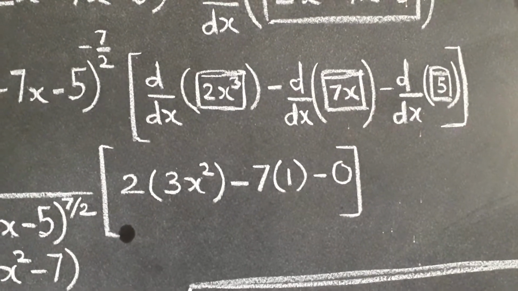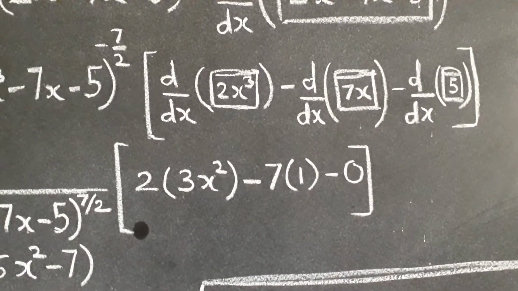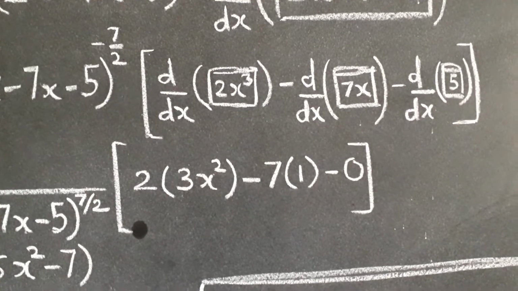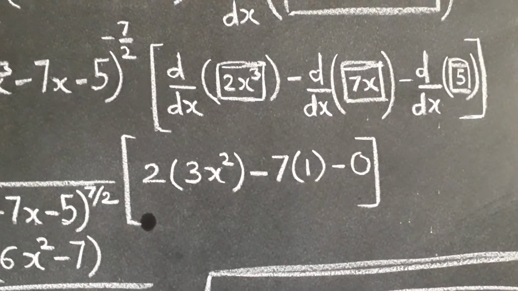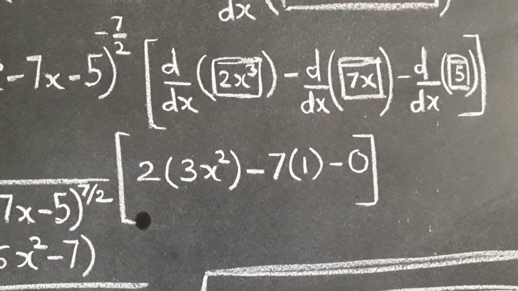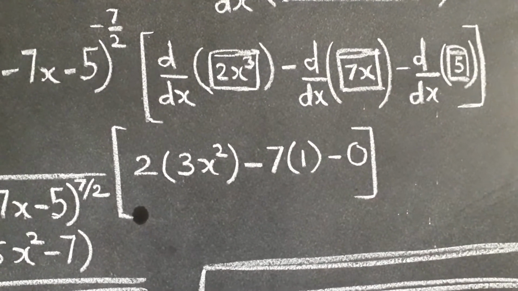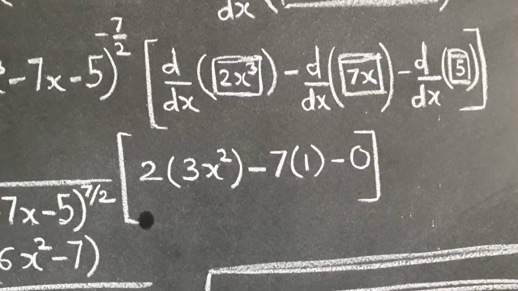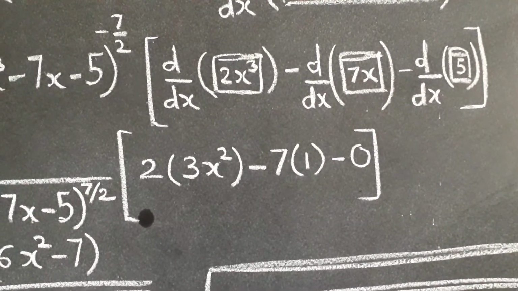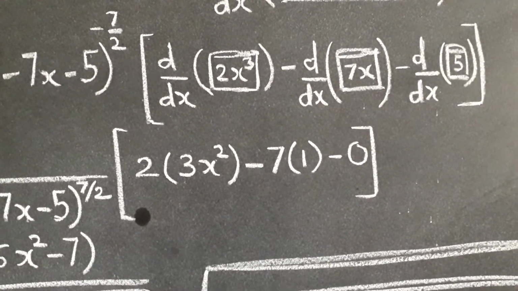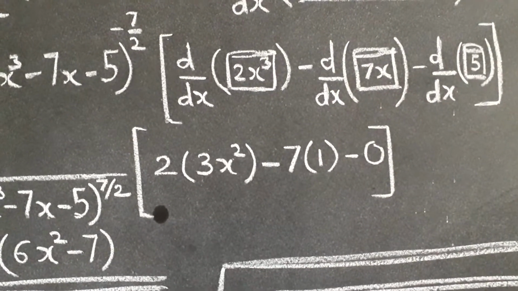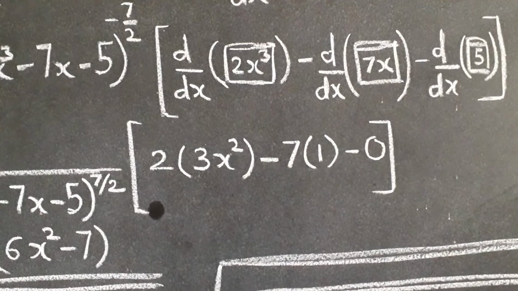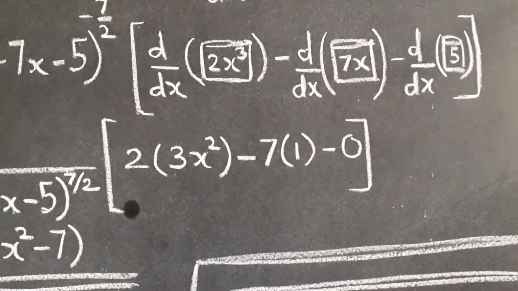Yes, there is a multiplication. Is there any constant coefficient? Yes, there is, and so we take that coefficient outside the smaller box, so 7 multiplied by the derivative of x, which we know already by the standard formula is 1, and so we write that 1, minus the next expression.